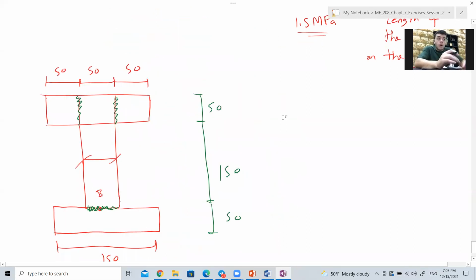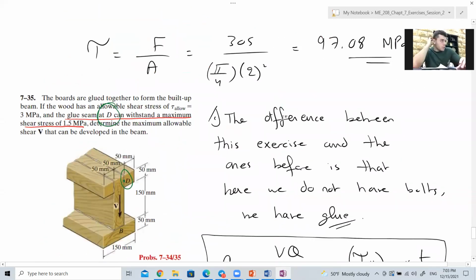طيب هلا هون بدنا ننتبه لشغله يا شباب. This is very important. هون اعطيك two allowable stresses. اعطيك allowable shear stress in the wood واعطيك allowable shear stress in the glue.